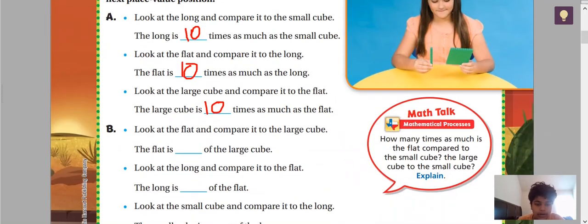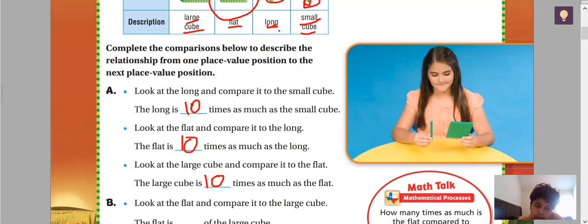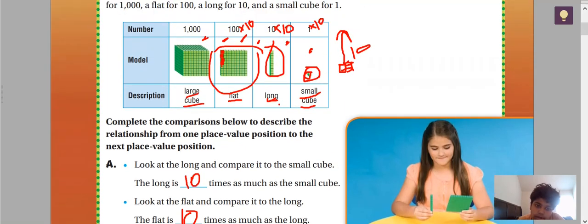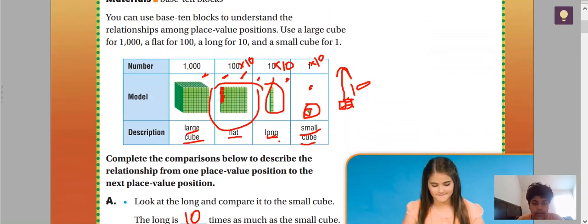Now we're going to be comparing a flat to a large cube. We're going opposite now.